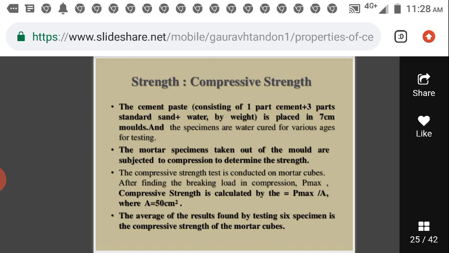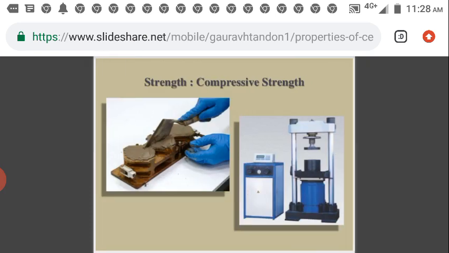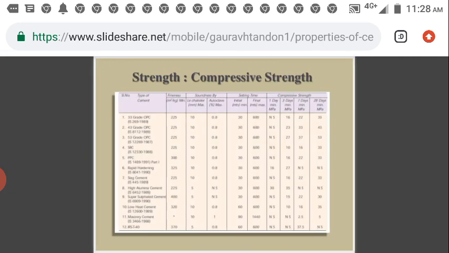P stands for pressure, the maximum pressure which it is going to hold for the 50 centimeter square area. So this is how we do the compressive strength test, and this is the compressive testing machine, you can see that, for the specimen. And these are the different compressive strengths for a standard.